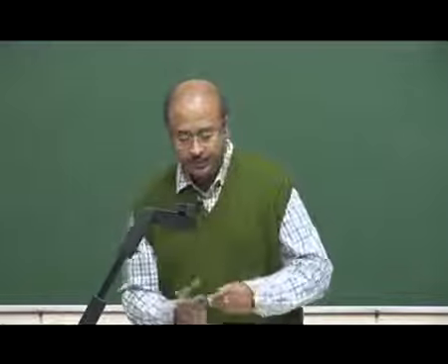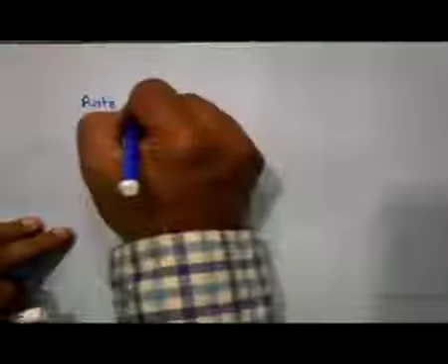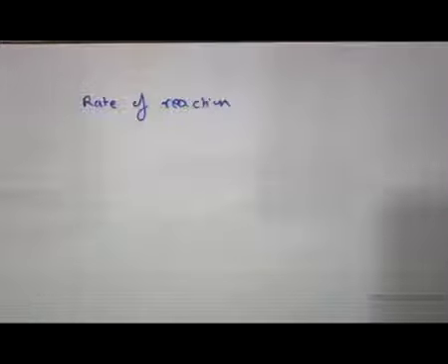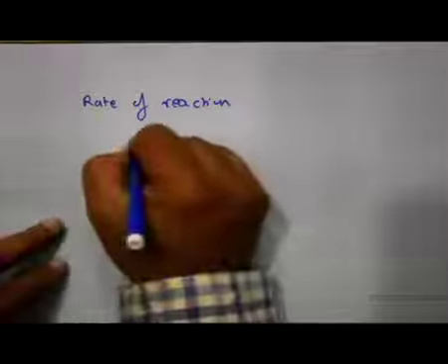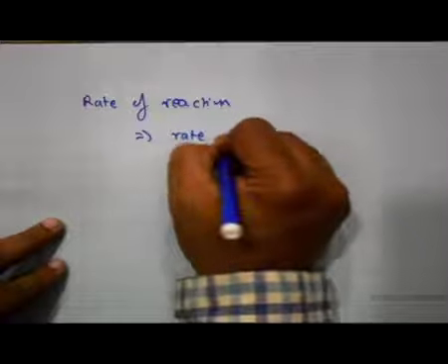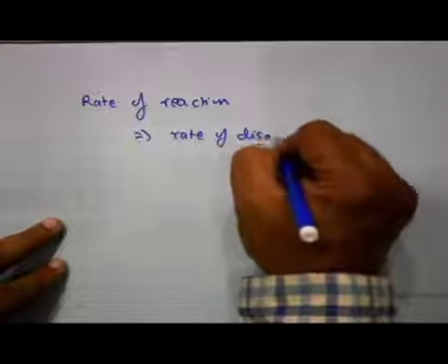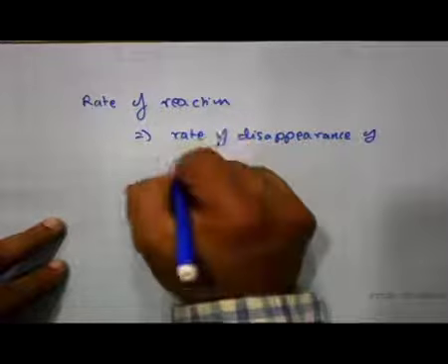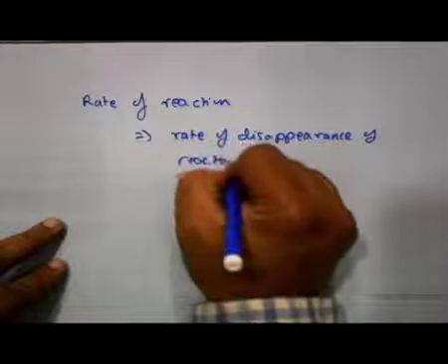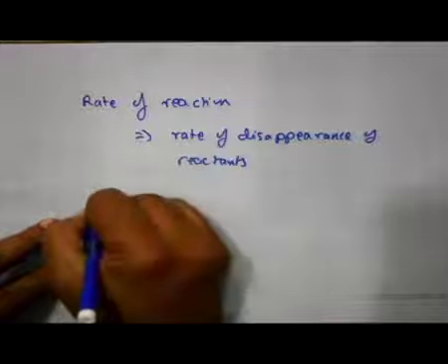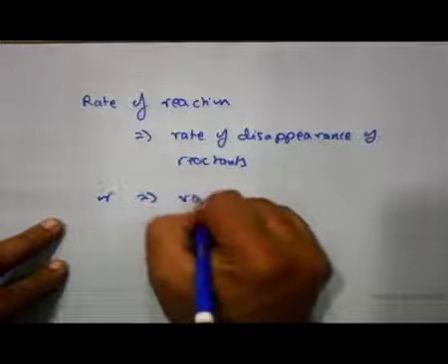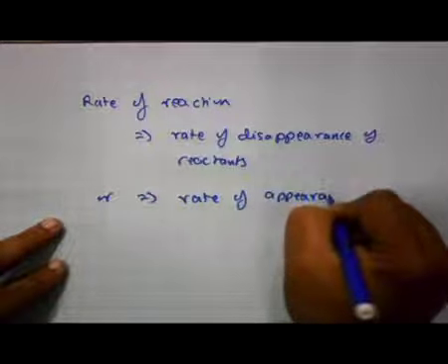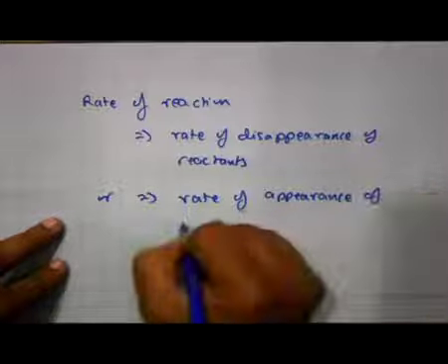If you remember, the rate of reaction can be expressed either in terms of the rate of disappearance of reactants, or it can be expressed as the rate of appearance of products.